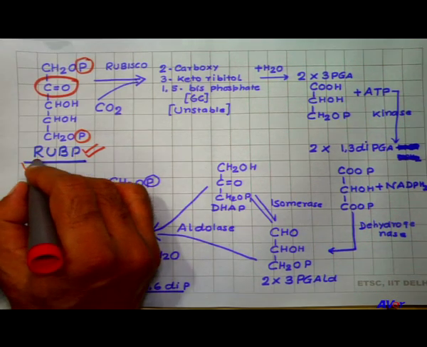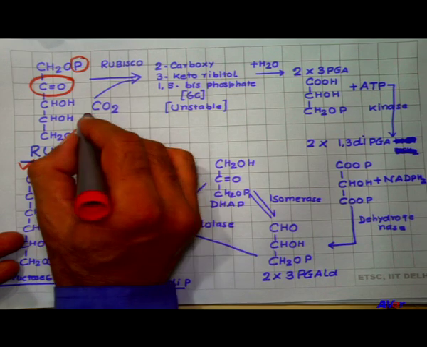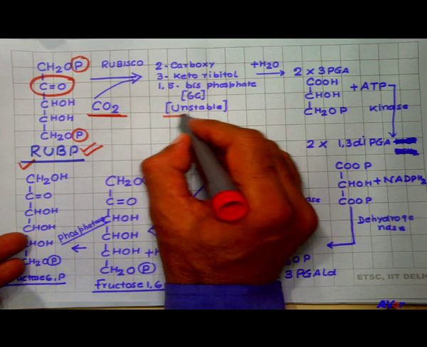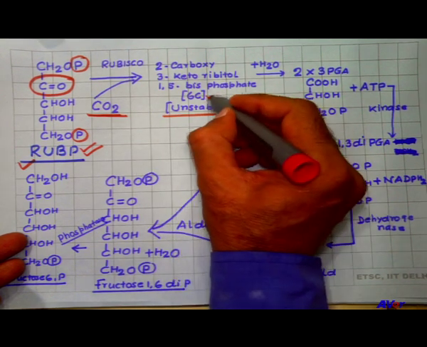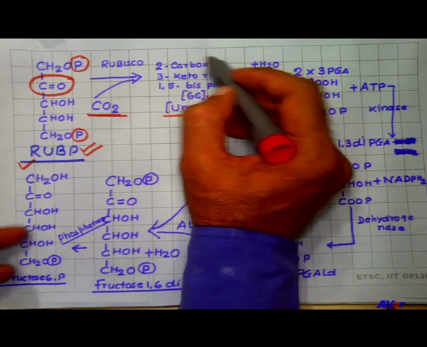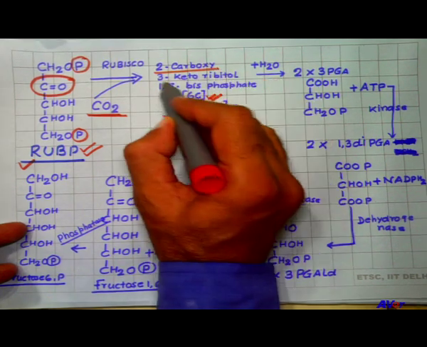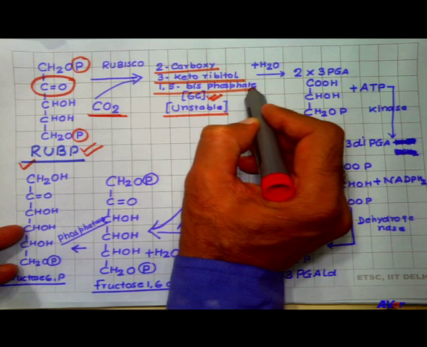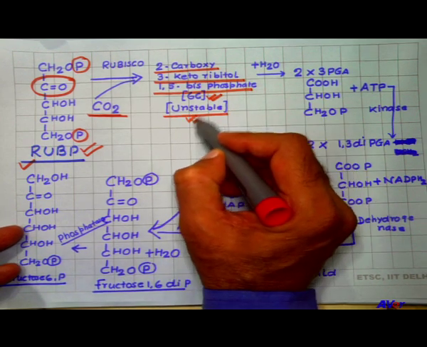So, this RuBP combines with CO2, forming an unstable 6 carbon compound, named 2-carboxy-3-ketoarabinitol 1,5-bisphosphate. This is a very unstable compound.